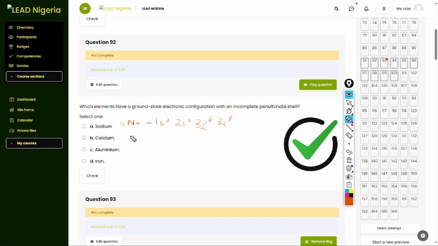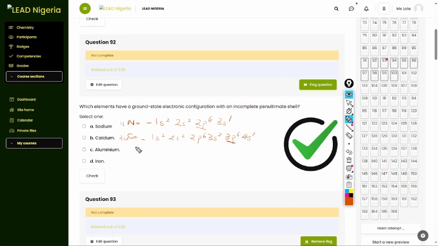Now, calcium with 20 electrons, 1s2, 2s2, 2p6, 3s2, 3p6, 4s2. Okay, so 4s2 is the valence shell, while 3p6 is the penultimate shell, which is also complete because it's carrying 6 electrons.